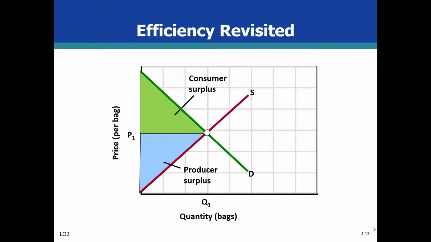But the reason that I introduced the consumer surplus and the producer surplus is another way of looking at this efficiency, is to say that the consumer and producer surpluses are maximized.